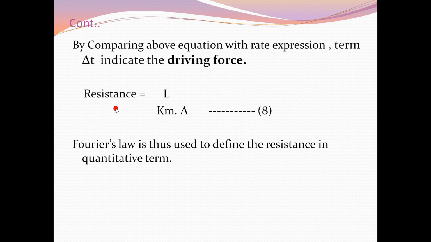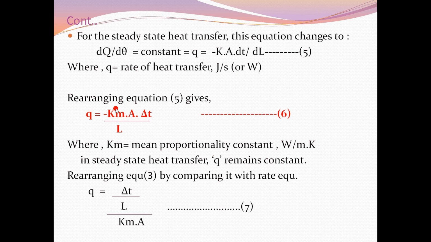Compared with the rate expression, the term delta T indicates the driving force, and the denominator part indicates the resistance, which is L divided by Km into A. Here Q is equal to delta T, the driving force, and the denominator L divided by Km into A is the resistance.